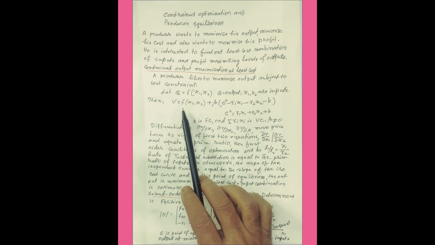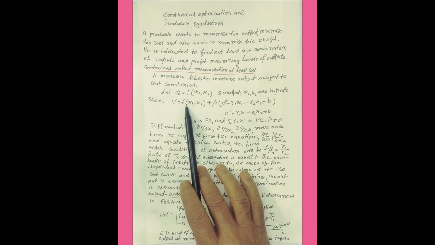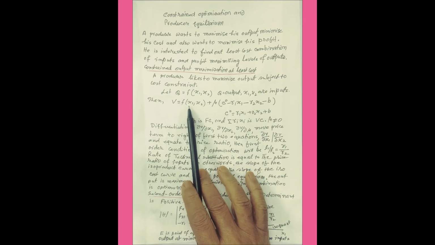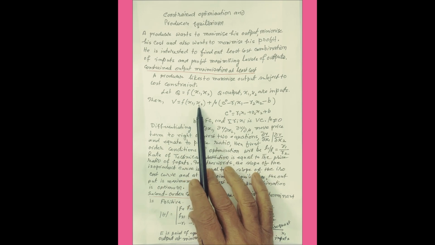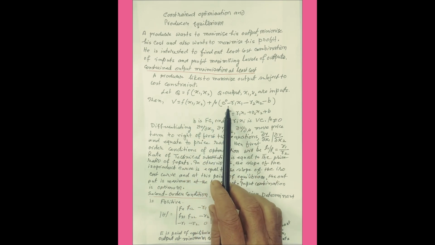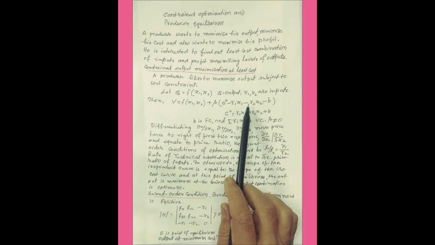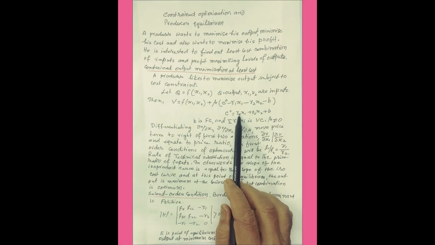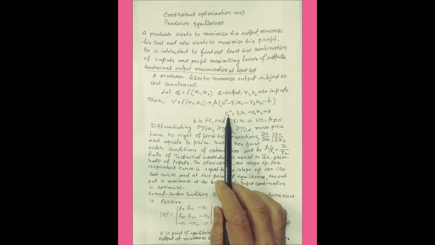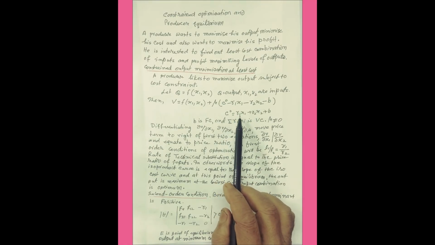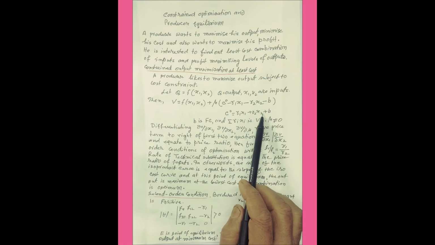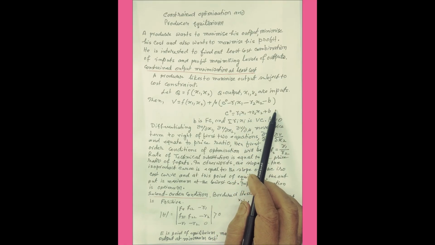Now the constraint function V is equal to the function f(x1, x2) plus mu times (C0 minus R1 x1 minus R2 x2 minus B). So if we transfer these terms to the left side, C0 minus R1 x1 minus R2 x2 minus B will be equal to 0.